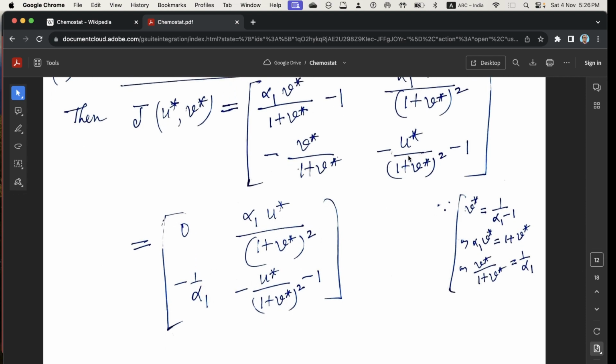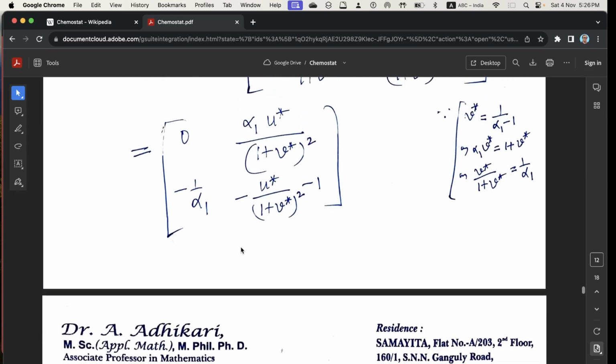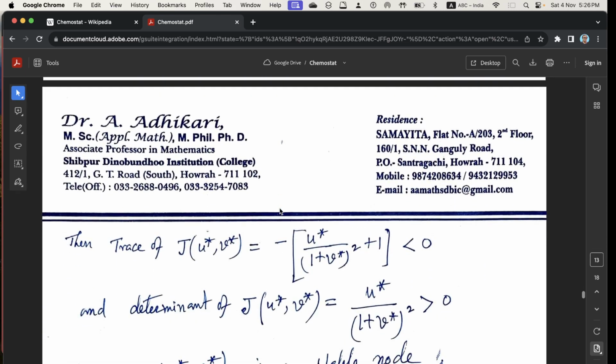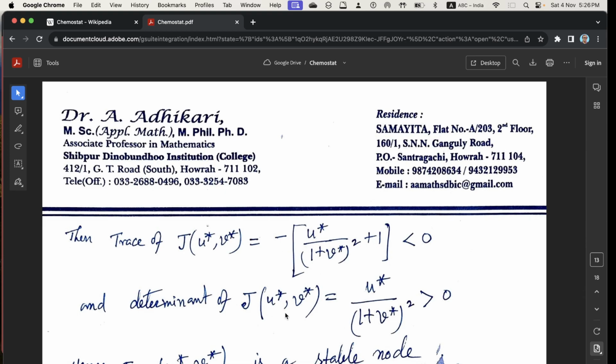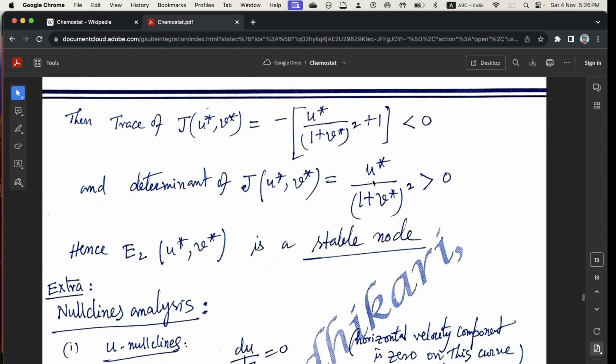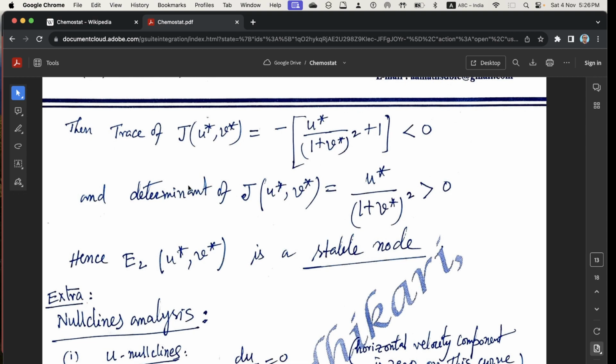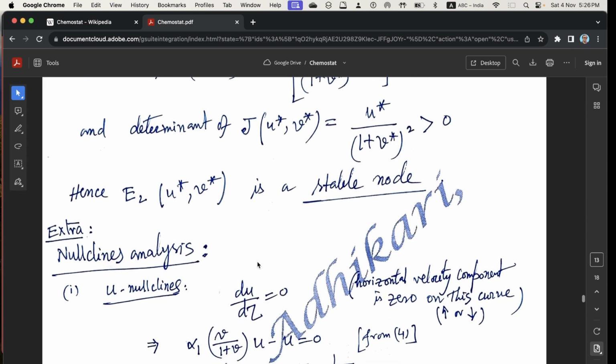And this, minus v star by 1 plus v star, equals 1 by alpha 1. And the trace of J means this plus this, so obviously a negative quantity, and the determinant is this into this minus this into this. So this quantity is positive. Obviously, trace is negative, determinant is positive, so obviously E2 is a stable node.